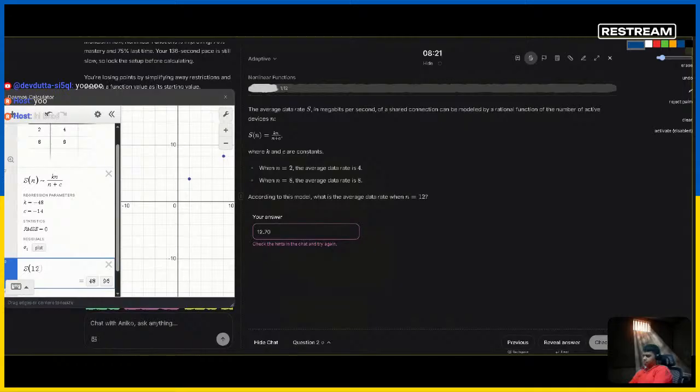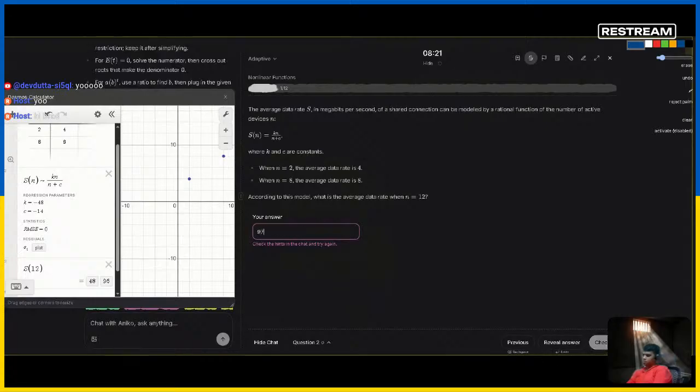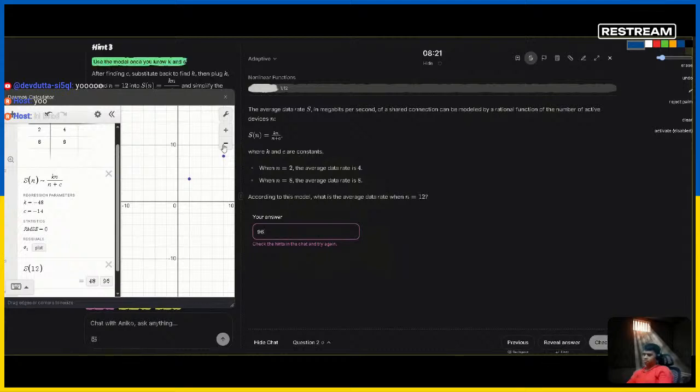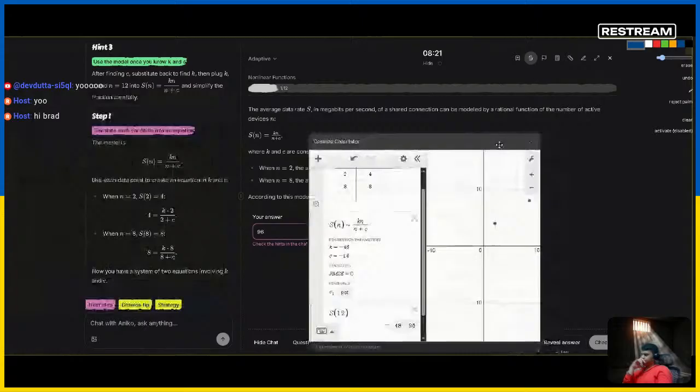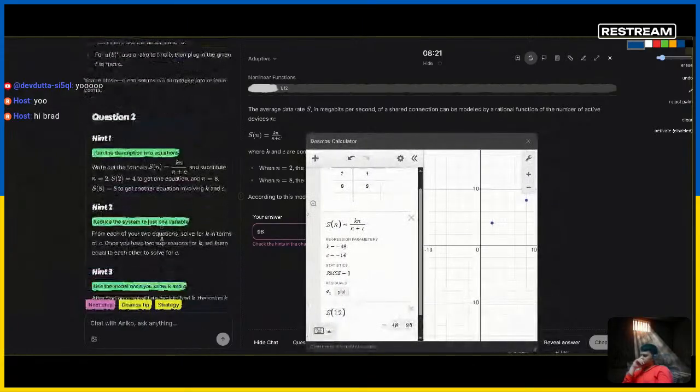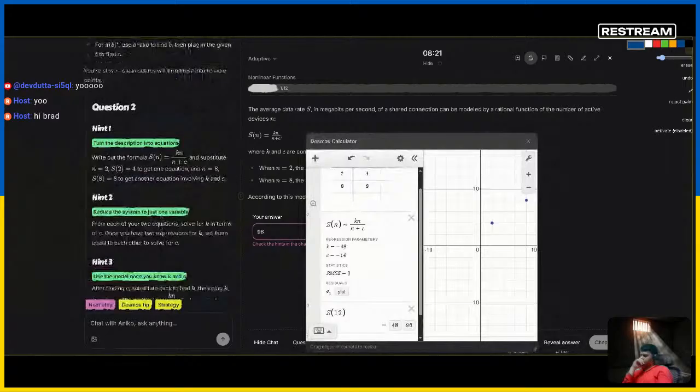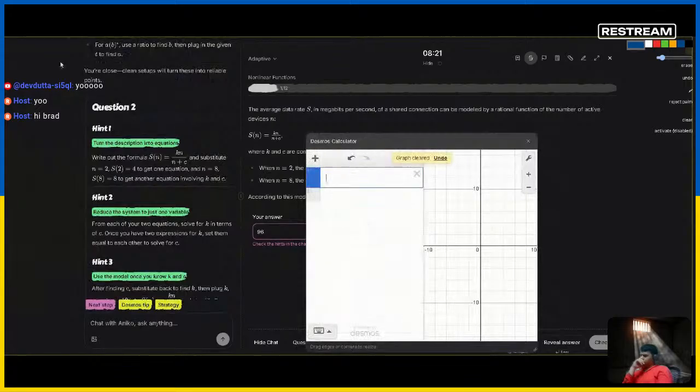Now that's two different numbers. Alright. Reduce the system to just one variable. For each of your two equations, solve for k in terms of c.